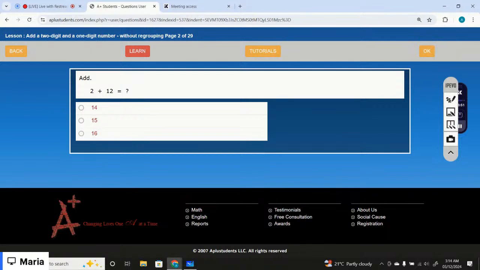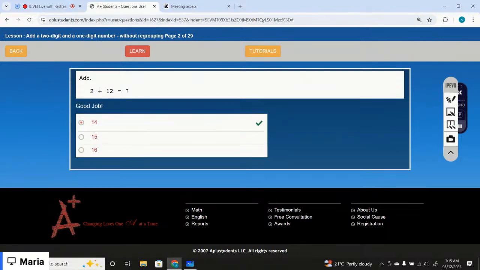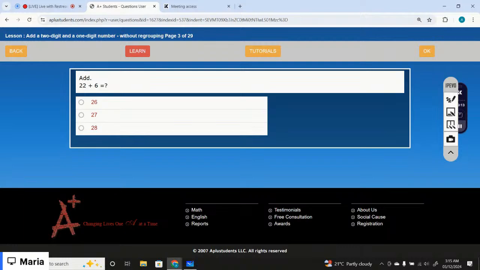12 plus 2, which is the correct option? 12 plus 2 makes 14. Option number 1 is the correct option. 22 plus 6, which is the correct option?